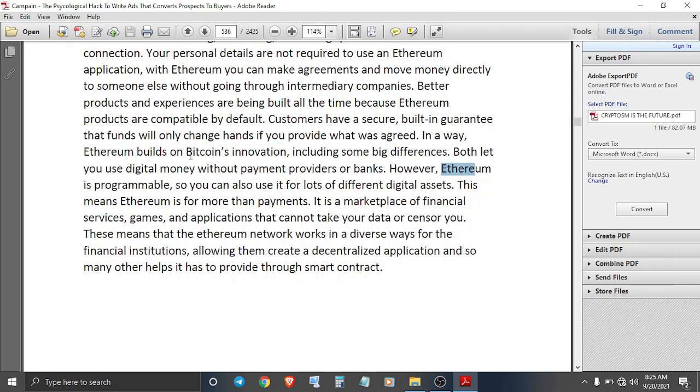But it cannot be done on this Bitcoin network. This is the upgrade we are talking about. Now, this means that the Ethereum network works in diverse ways for financial institutions, allowing them to create decentralized applications, with the help it has to provide through what we know as a smart contract.